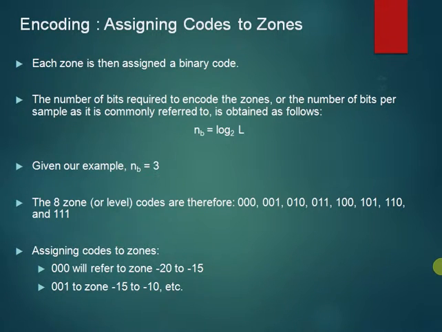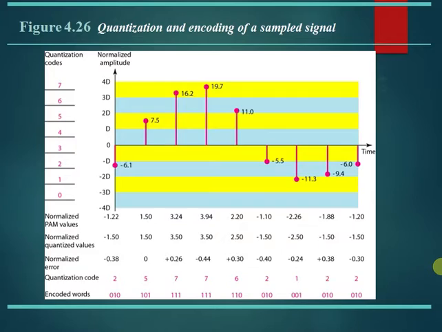The sampled version after quantization is encoded into corresponding levels as shown there: 000, 001, 010, whichever may be the value. We are encoding the sample value into the nearest rounded off value in quantization, followed by assigning the corresponding coded value to those bits.